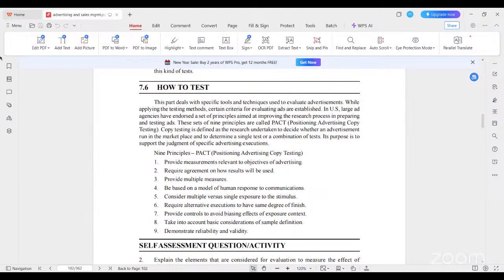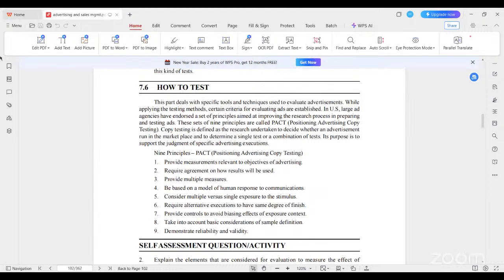That is called SMART. Our objectives should be specific, measurable, achievable, relevant, and time bound. So when we set our objectives smartly, definitely it will be a best practice for making measuring advertising effectiveness easy.